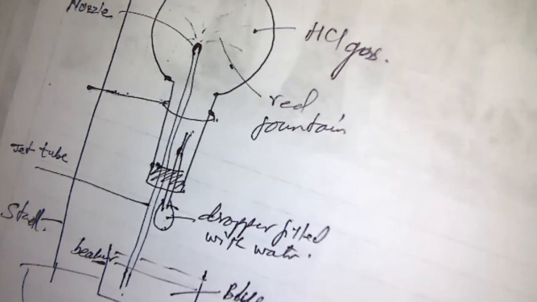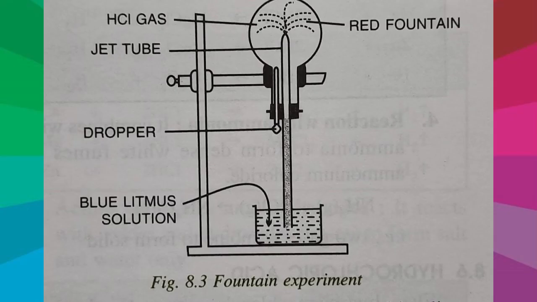Red fountain is formed because of the acidic nature of hydrogen chloride. Clear? So I'll just show you the diagram here. Your diagram is like this. So you can draw this diagram.